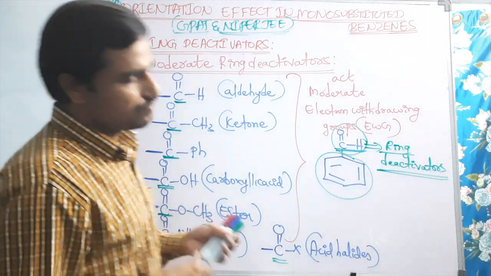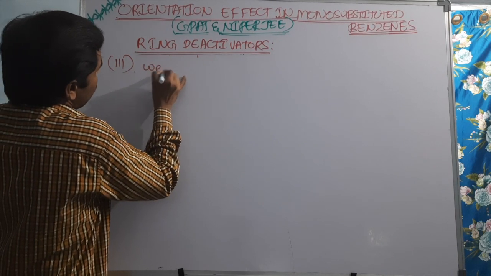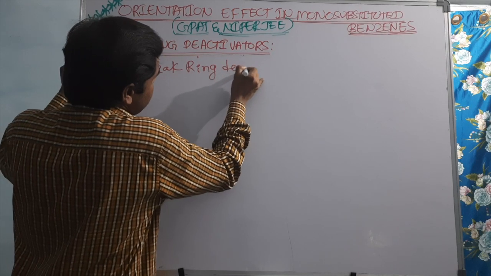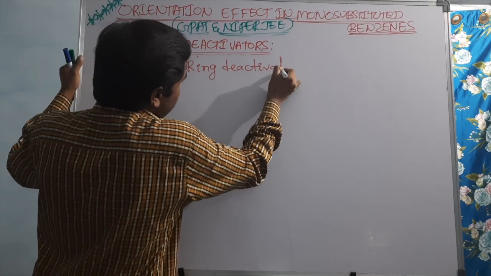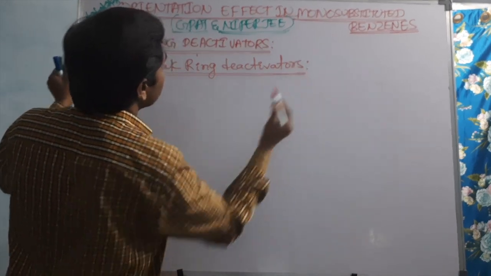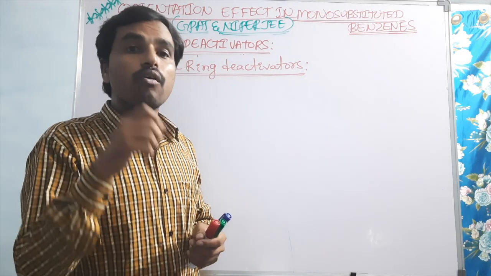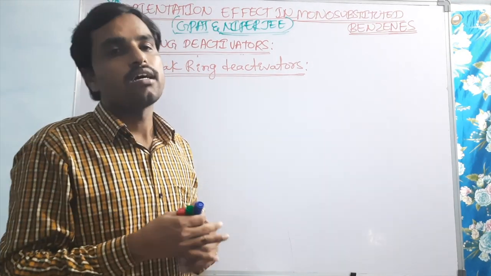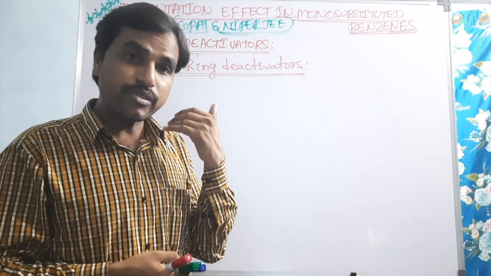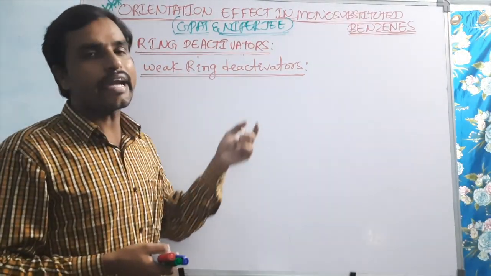Now, weak ring deactivators. Coming to the weak ring deactivators: the groups which have very little tendency to reduce the activity of a benzene ring are called weak ring deactivating groups.